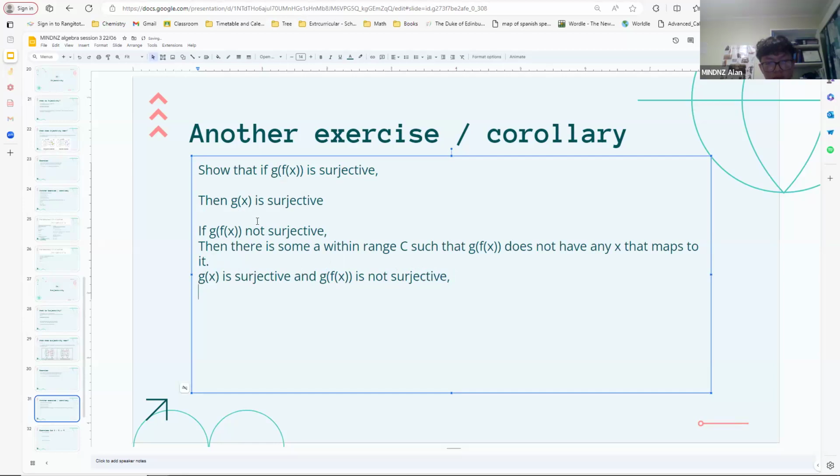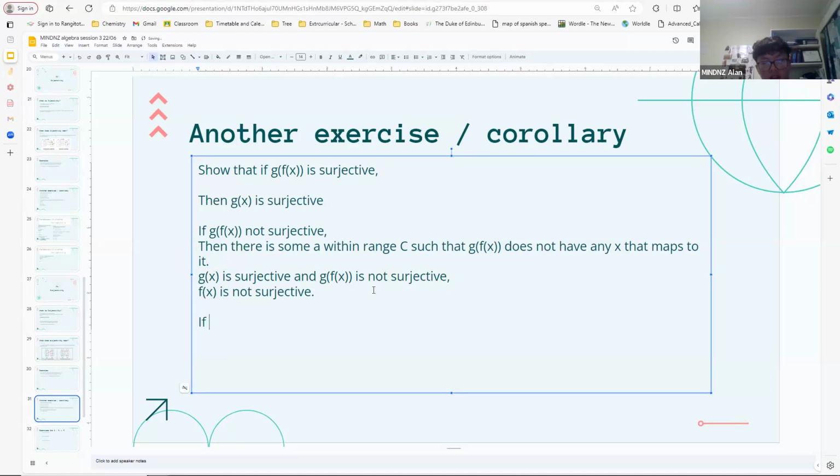what happens? That means f of x is not surjective. Right?